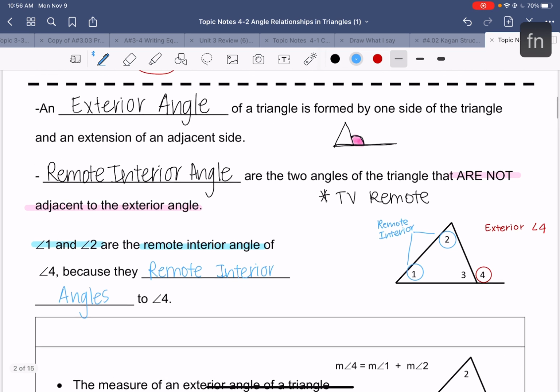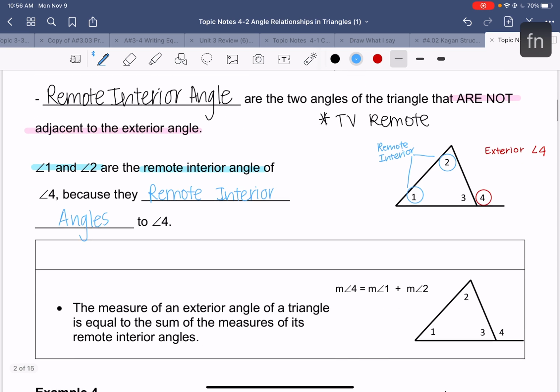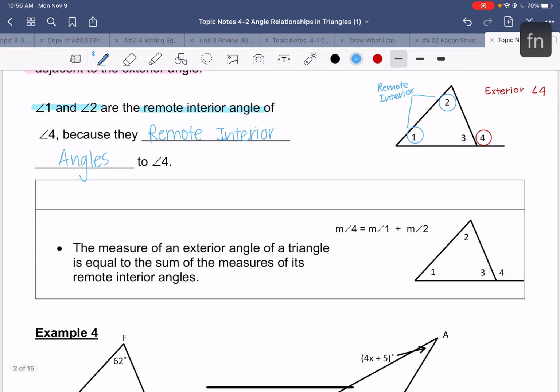All right, so the reason we had to go over those two terms is because of what we're about to go over next. The exterior angle theorem. So the exterior angle theorem is the measure of the exterior angle of a triangle is equal to the sum of the measures of its remote interior angles.